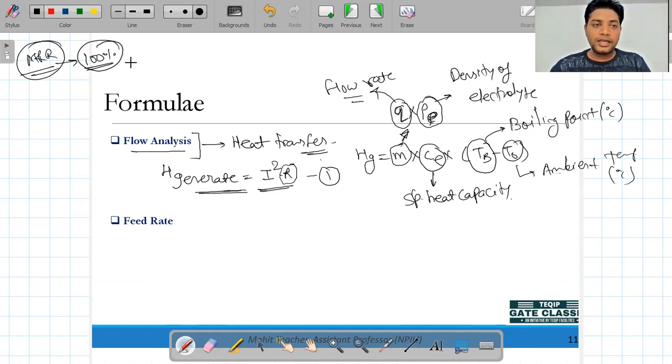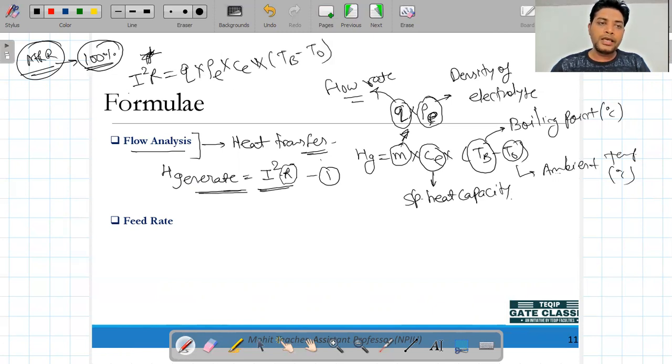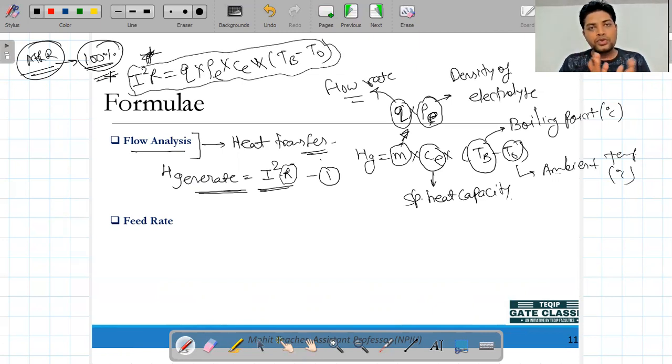So if it is 100%, then we can write that I square into R will be equal to Q into rho into E into CE into TB minus T naught. Please keep this in mind. This formula holds only when there is 100% current efficiency. If it is not, then we have to take it accordingly.